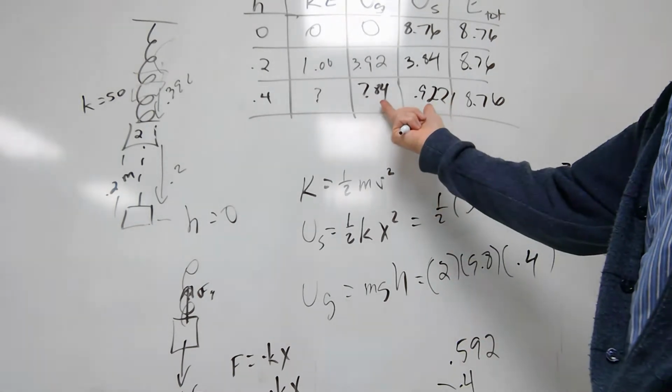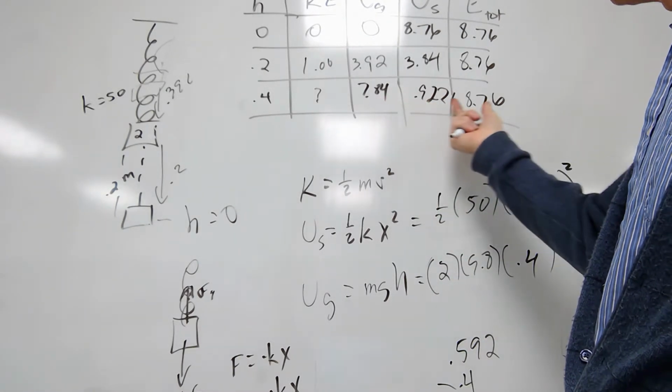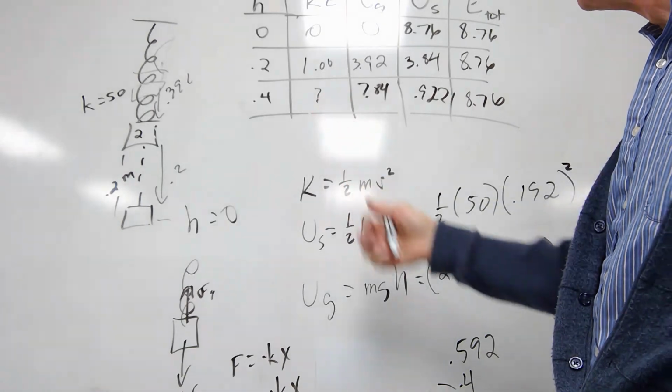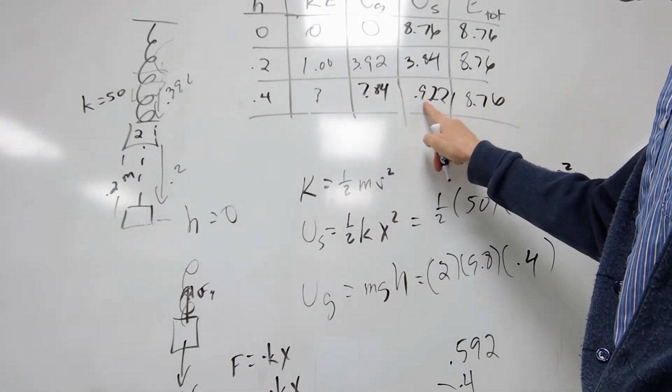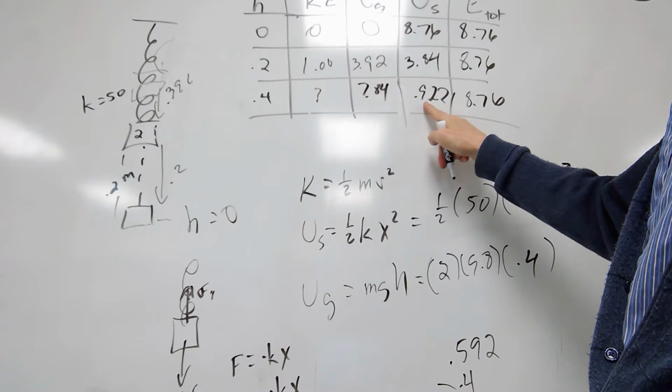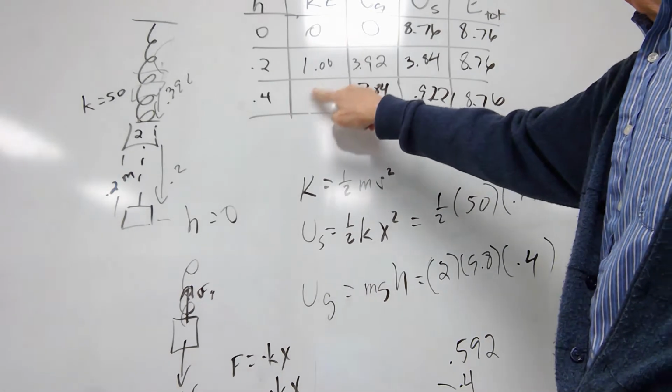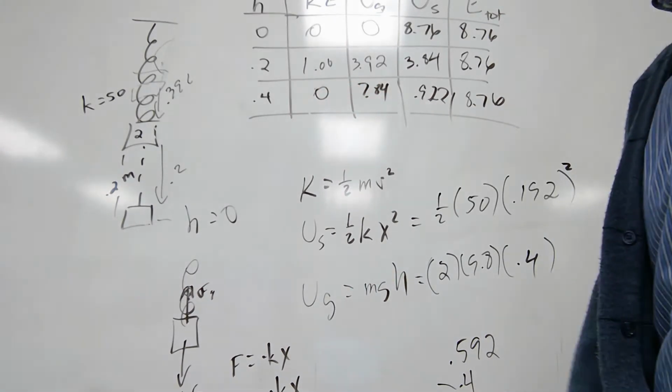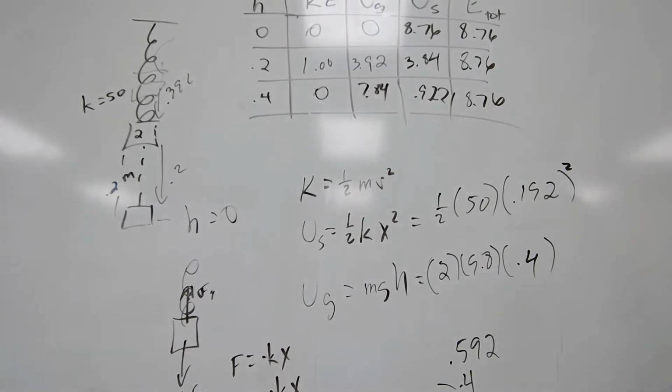Now, I could add this together and subtract it from this to get K. But when I add this together, I get 8.76. And so K must be 0. All right. That's number 29.